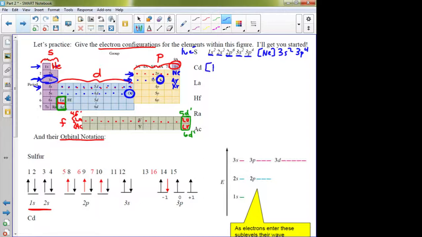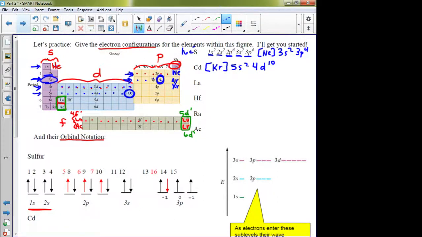So I would just put krypton in brackets, okay? And I would say what comes after krypton? 5s2, and then 4d10. We see how that shortens it a lot, okay? And it's a lot less that you have to write.